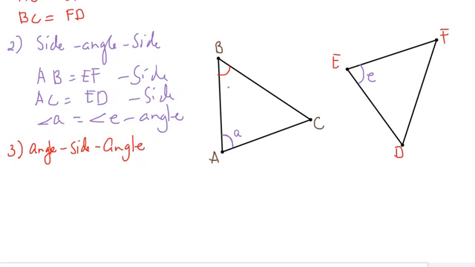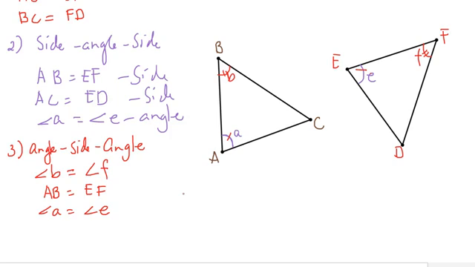This is angle B, and then we have angle F there, so that angle B is equal to angle F, and then we have the side AB is equal to side EF, and then we have angle A is equal to angle E. This one is equal to that one, and this one is equal to that one.